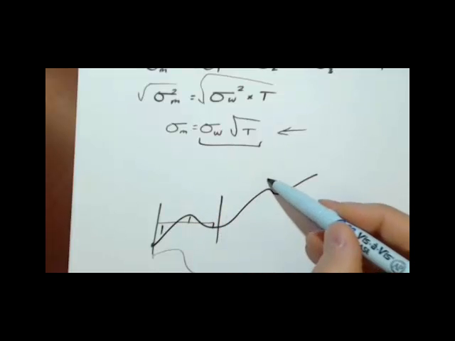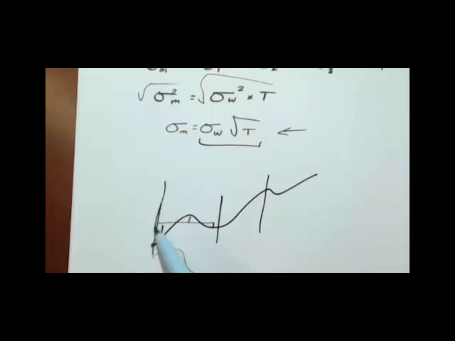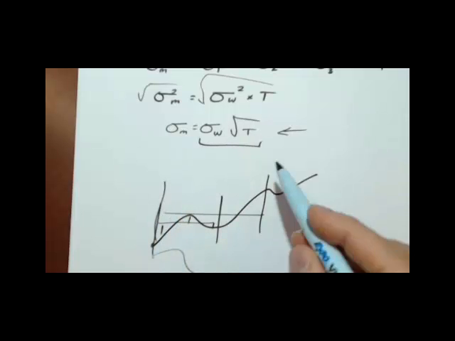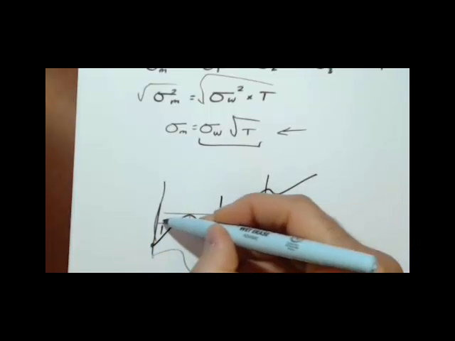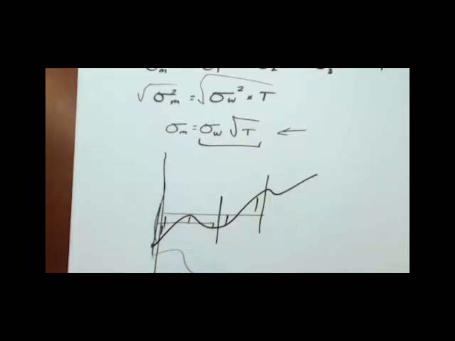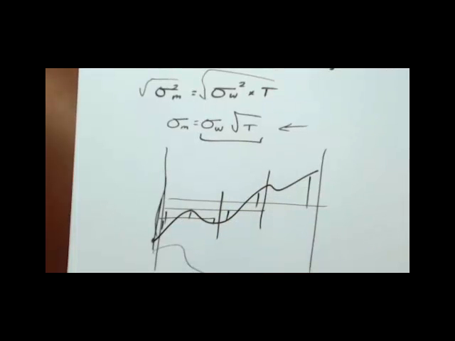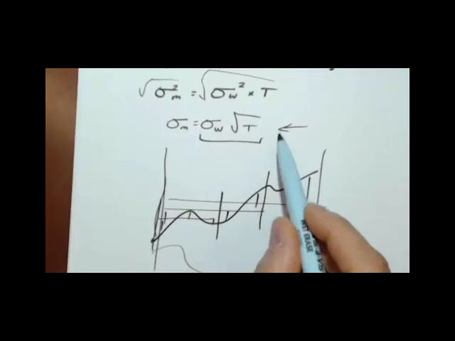But if you took a bigger sample, you'd have a mean here and your volatility would be even larger. And if you took a sample over the whole time period, your deviations would get bigger as you go. And so that's what this is capturing.